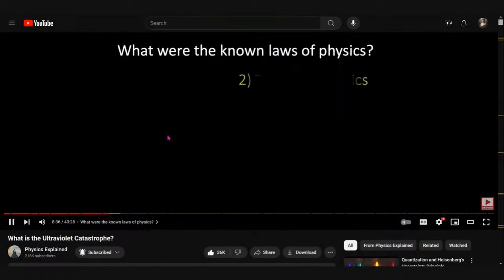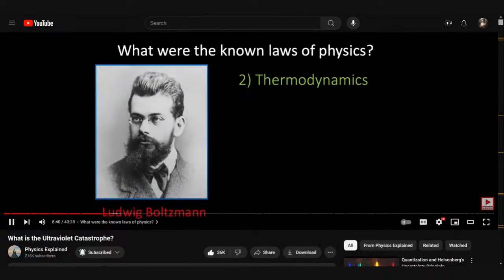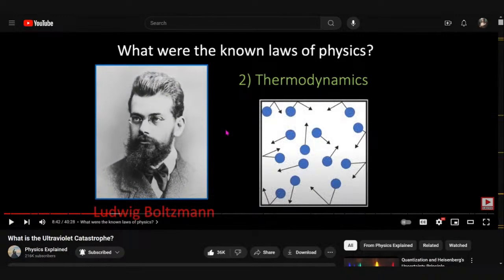Rayleigh and Jeans also turned to the statistical laws of thermodynamics as put forward by Ludwig Boltzmann. Okay, Boltzmann was like the ultimate genius when it came to statistical mechanics, which is just the motion of particles in an ideal gas. All right.